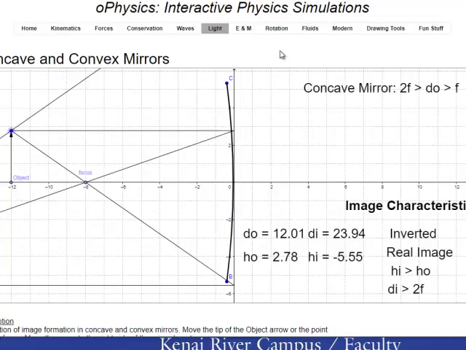So here's image formation by concave and convex mirrors. We have the principal rays, which are the ones that go through the focal point and then become parallel, the one that is parallel and then goes through the focal point, and the one that goes through the center point and is reflected right back, even though that does look a little bit funky.